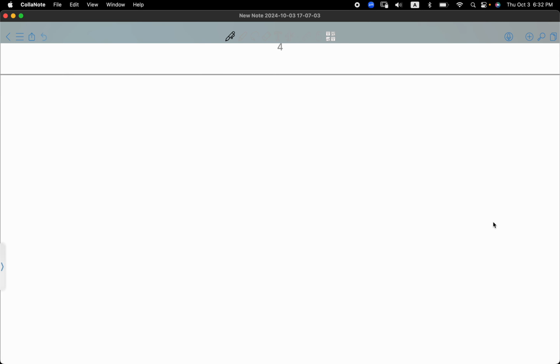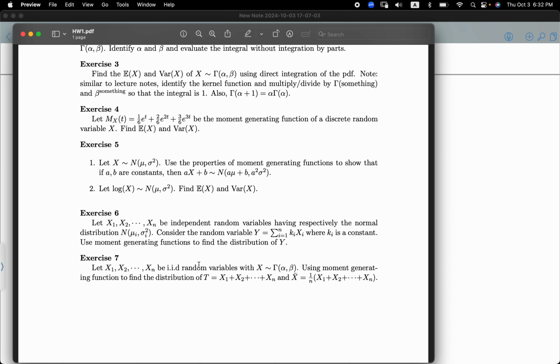Can someone remind me if I talked about the moment generating function for the exponential distribution or not? Last week, Tuesday. Okay. Then if that was given on Tuesday, we can talk about this exercise related to 6 and 7, except that this is for normal distribution, this is for gamma.